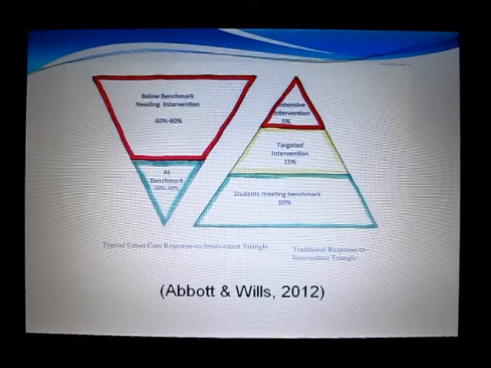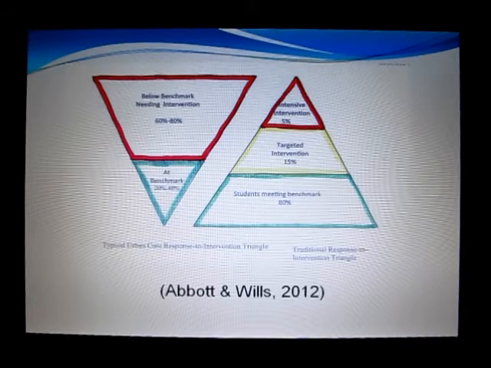The tier 2 is the yellow part in the middle where it says targeted intervention, and that's about 15% of students that are receiving interventions more intensive than general education. And about 5% of the student population is receiving very intensive interventions. This is what we see typically.